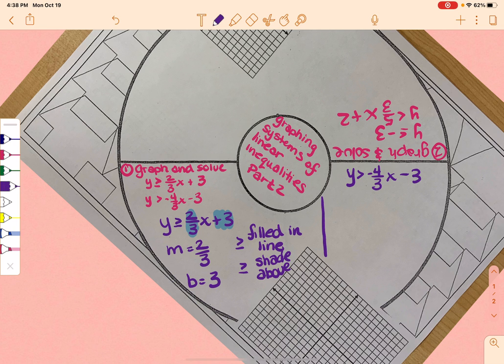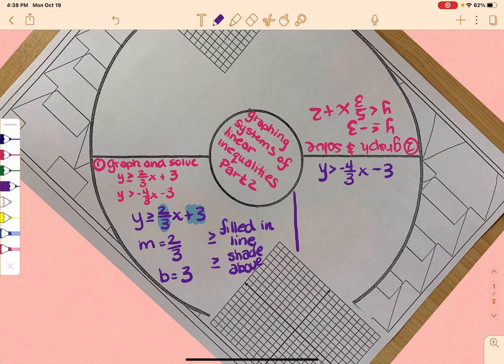Okay, now we're going to do the same thing with the other one. So here are my m value and my b value. So m is -4/3. b is -3.